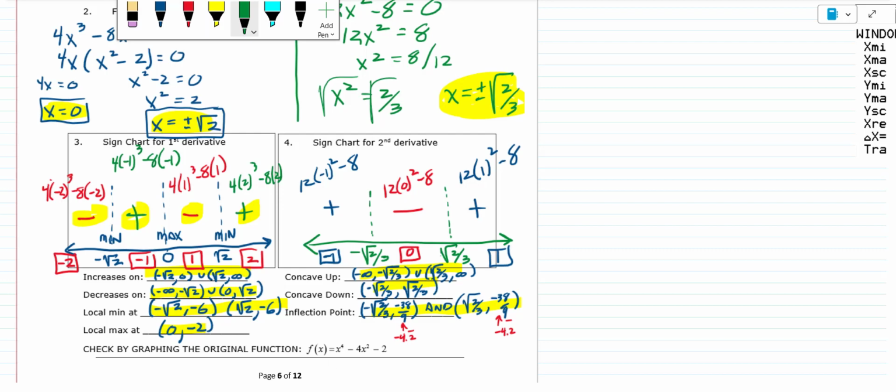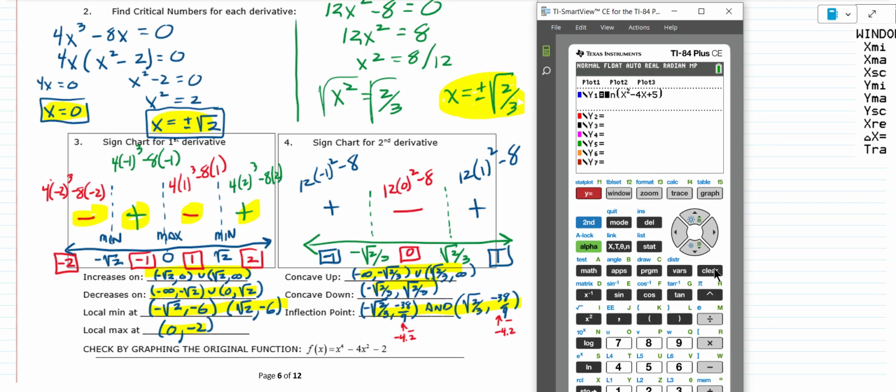So one thing I want to mention, because I want to give you some strategies that'll help you speed up the process of figuring these sign charts out. If you graphed the first derivative, we got 4x to the third, and then minus 8x. If you just graph that in a standard window, then the thing I want you all to know is I know it's minus, plus, minus, plus without even tracing. Here's why. If I take a test point, -2, that just means I have a negative y value, right?